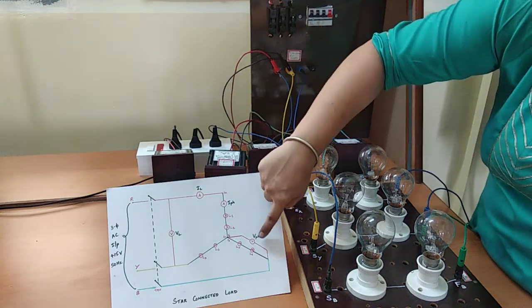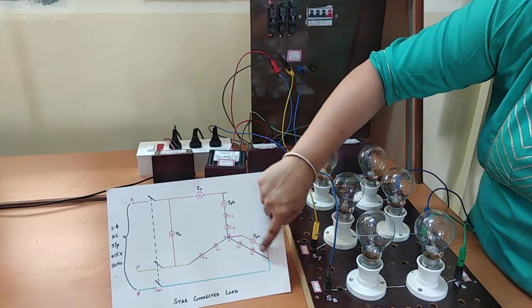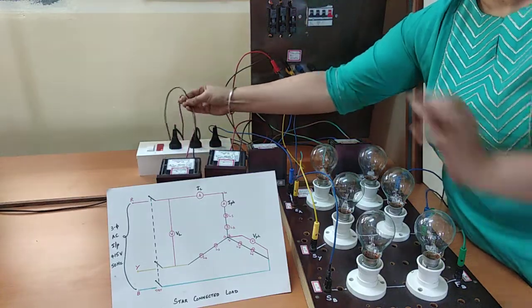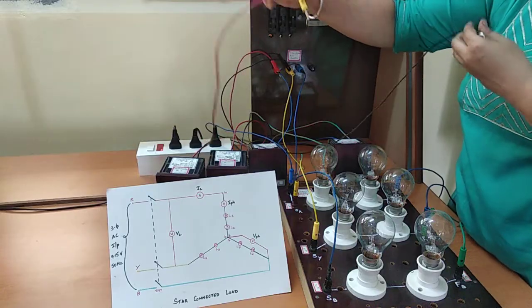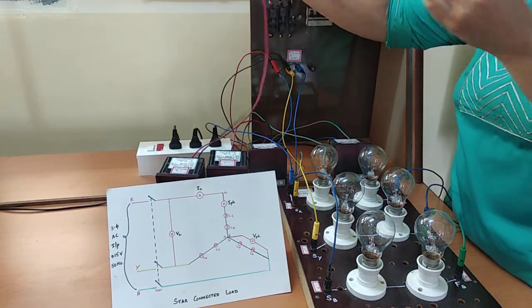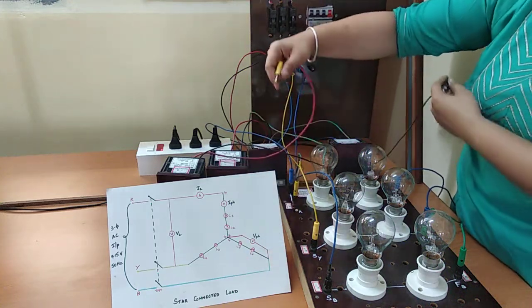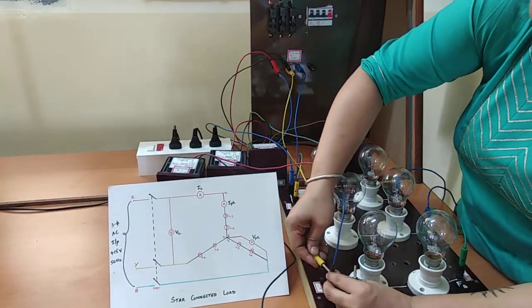Next, we need another voltmeter across SR and FR. So this is the voltmeter. We can connect it across any of the phases. As we have indicated it across the B phase here, we will be connecting across the start of B and finish of B.